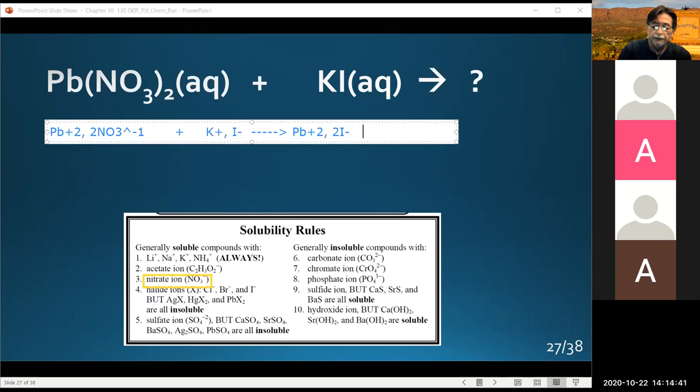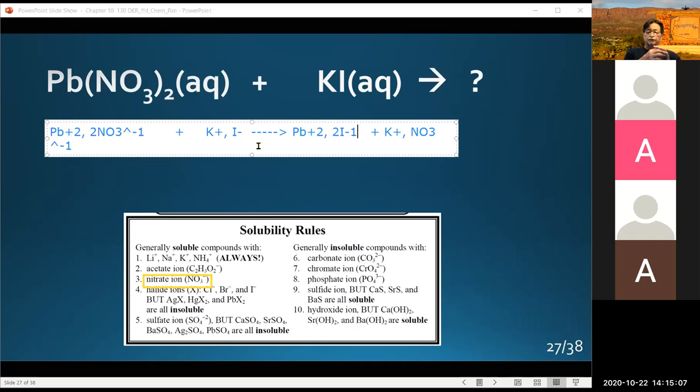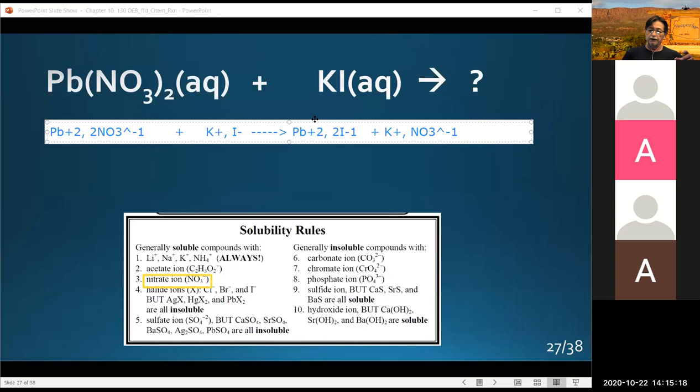Then we're going to make the new compound where we are taking potassium, which is a +1, and we're combining that with the nitrate, which is a -1. I want to make sure I got all the charges on there. And so by breaking them up into the ions, we can be assured that we put them together properly.